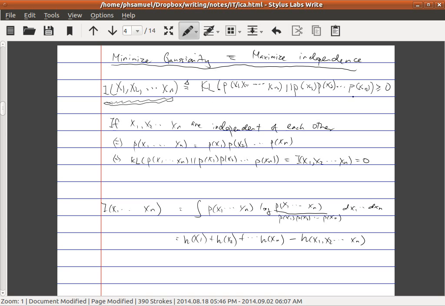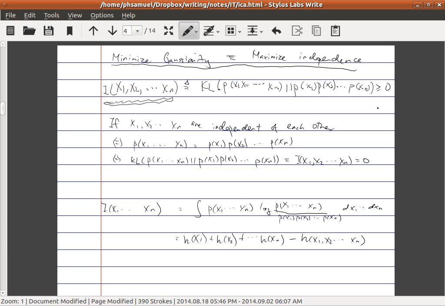But if we define it this way, then as long as x1 up to xn are independent of each other, the product of the marginal distributions will be equal to the joint distribution. Therefore the KL divergence will be equal to 0. And of course, KL divergence will always be bigger than or equal to 0.